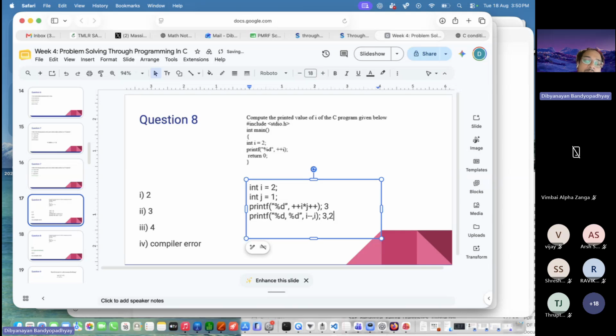So if I ask you what is the value of j now, let's have another j here and another percentage d here. Then 3, 2 and what will be printed here? Another question.